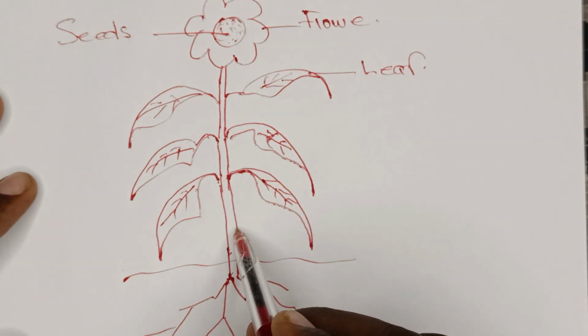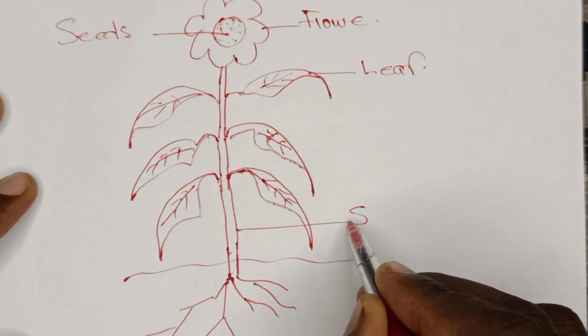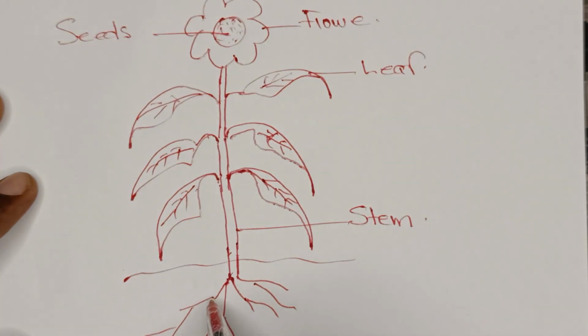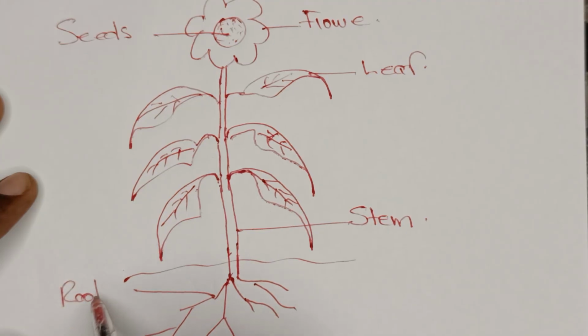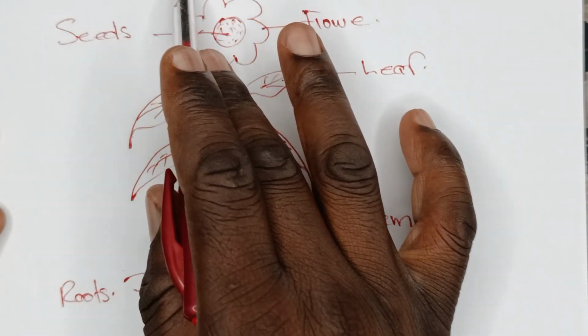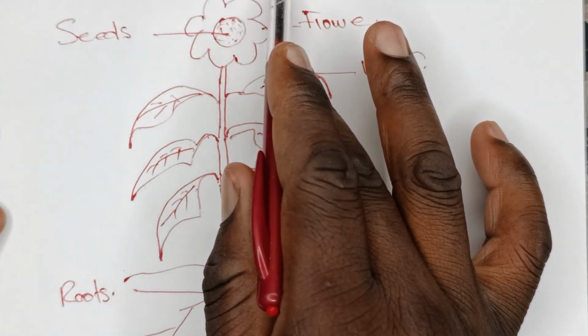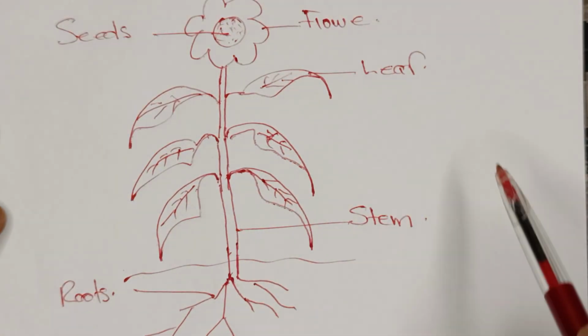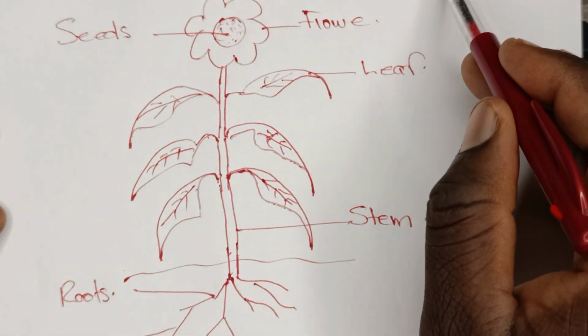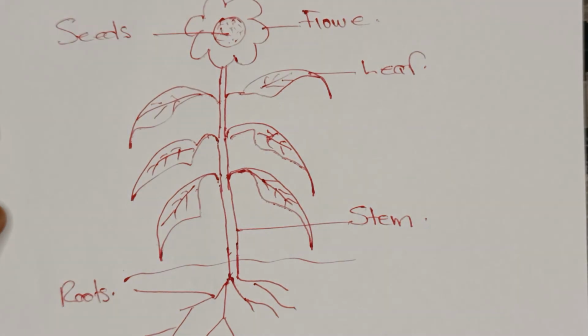This is a stem. Then we said these are roots. So here is a simple diagram that shows a basic structure of a plant, and we have labeled it because they said they want labels.